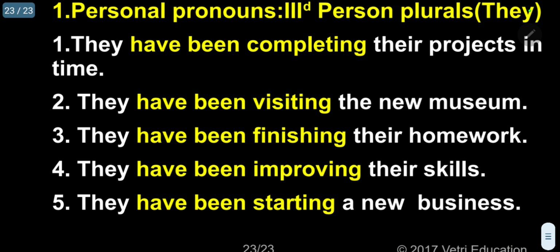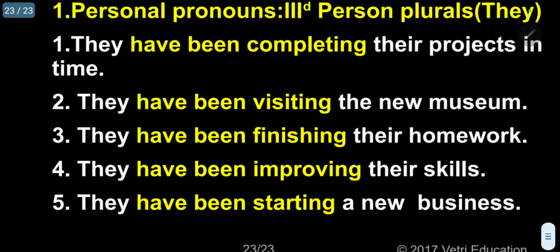You now have a clear idea regarding the rules, how to construct simple present perfect continuous. We have discussed there are 4 rules. So when we are constructing any sentences, present perfect, the simple present perfect continuous, obey these 4 rules.